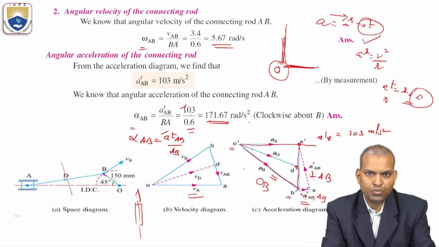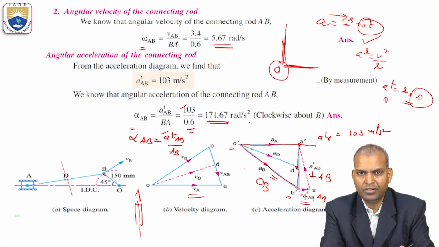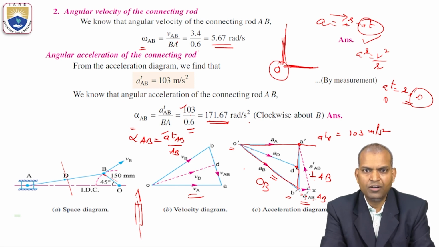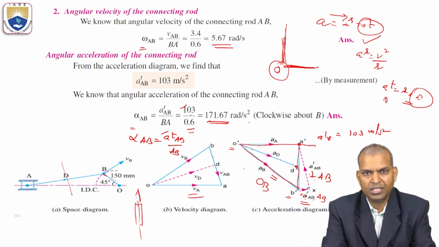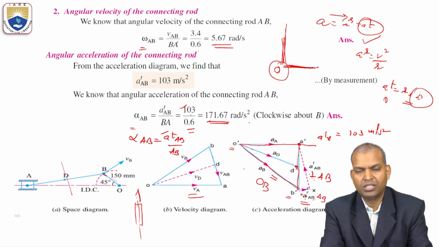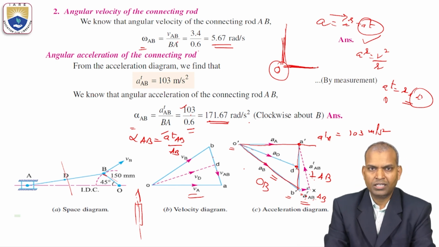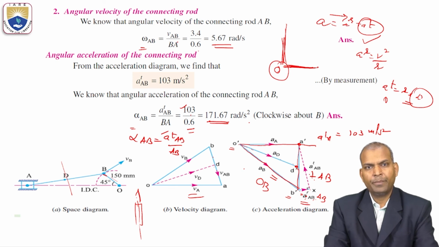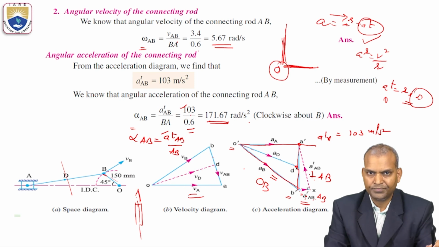Suppose they ask only for the velocity components of various links in the examination, then we have to draw only two diagrams: number one, the configuration diagram, and two, the velocity diagram. There is no need to draw the acceleration diagram because acceleration values are not asked. So if they ask for velocity only, the configuration diagram is a must to draw the velocity diagram.